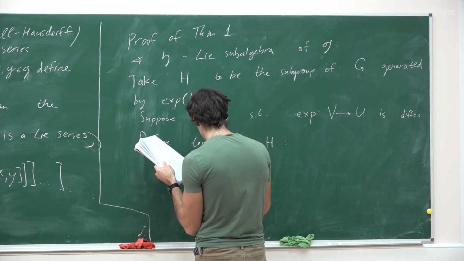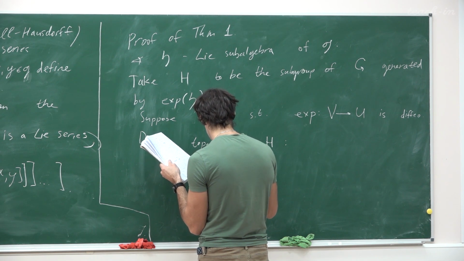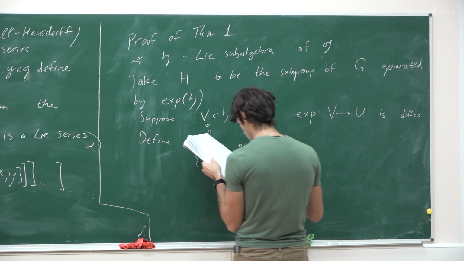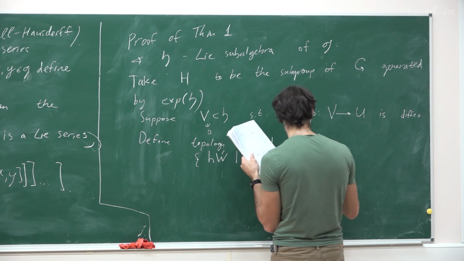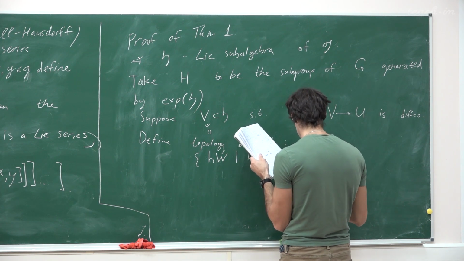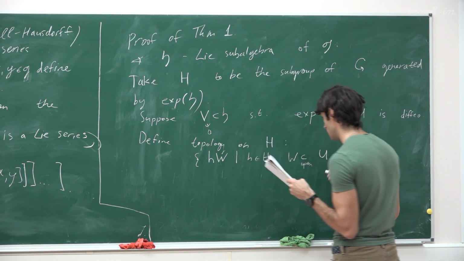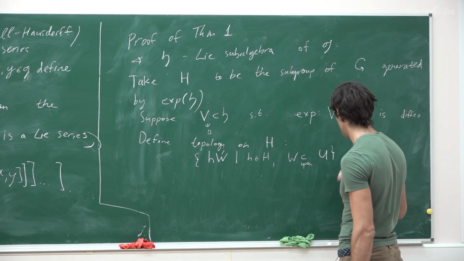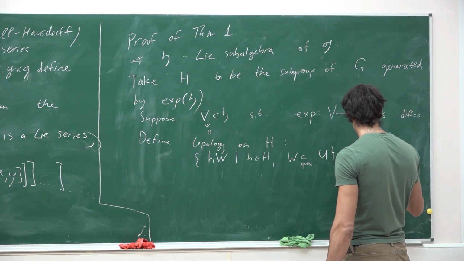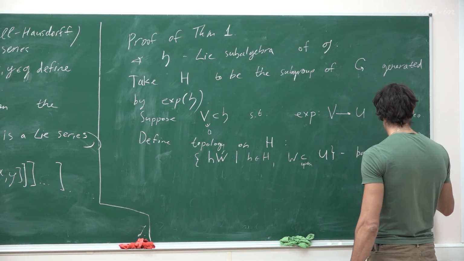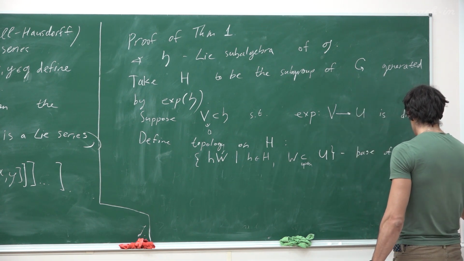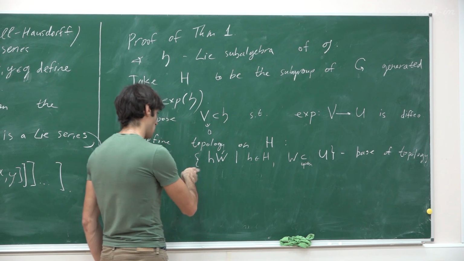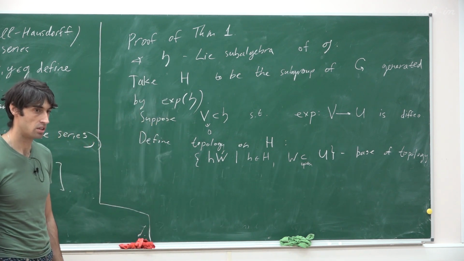So the base is hW for every h in H, and W is an open subset in U. Okay. So this is a base of the topology. So by definition, your open sets are all unions of these.